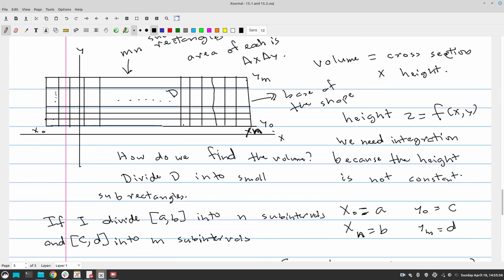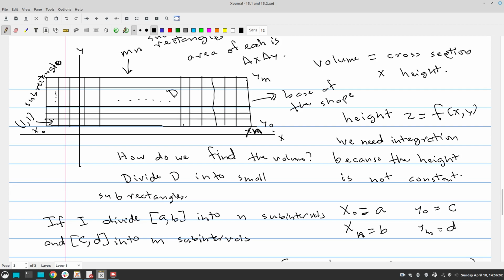For example, this subrectangle is the 1 1 subrectangle. Why? Because this is the first x interval and the first y interval.